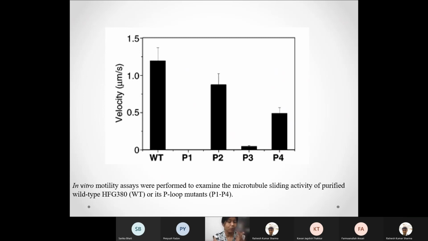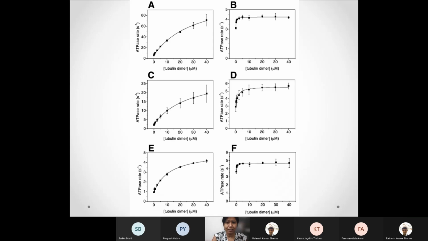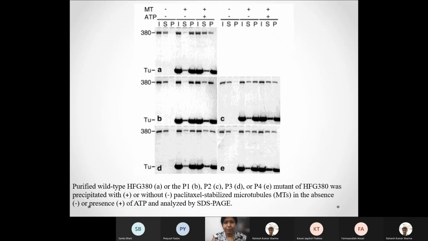You mutate its ATPase function, and you create a dynein that attaches very tightly to microtubules, but does not cause any translocation. So it's a movement dead mutant. It does not move. P2 does not have that activity. P3, it has some sliding activity.